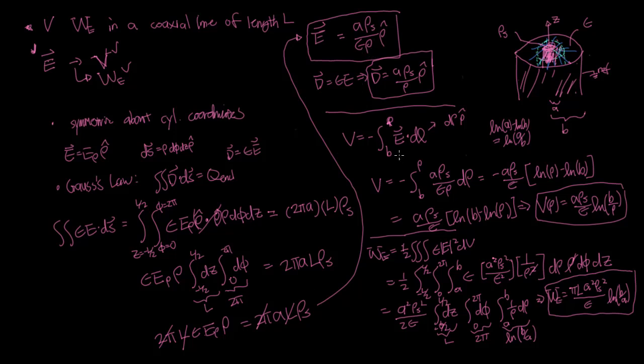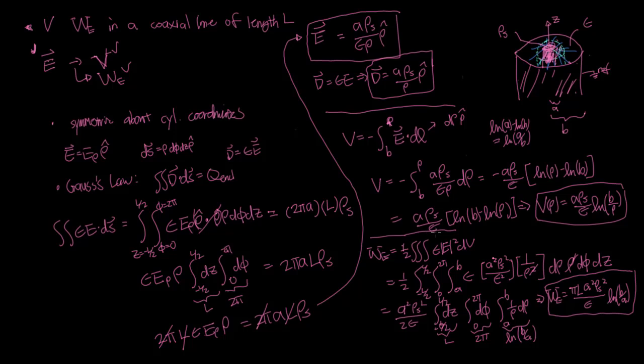And once you have E, you can then find the potential energy and the energy stored by plugging them into their basic definitions. So the potential is negative the line integral of E from your reference point to your position of interest. So we integrate it from B to rho, do some algebra, get the result.